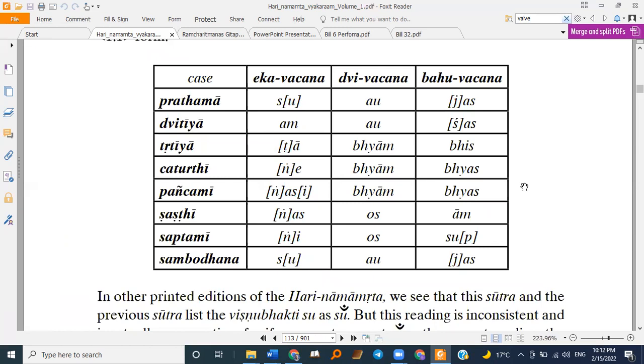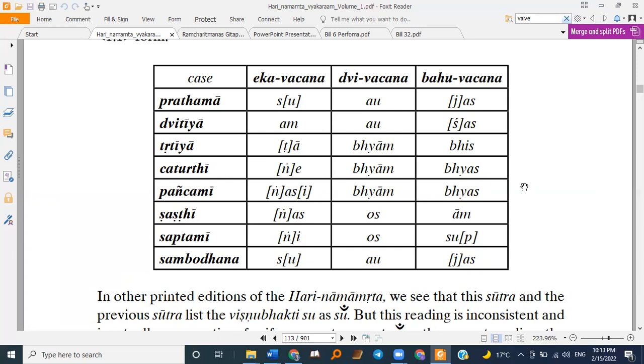So Prabhuji, is there an easier way to remember this? Does this table map to any Bhanu, Dhenu, like Chandramas? If we do that way, then it will be difficult. So a better way is just memorizing them, in a simple way, like Su, Au, Jas, Au, Shas, Ta, Bhyam, Bhis, Nge, Bhyam, Bhyas.